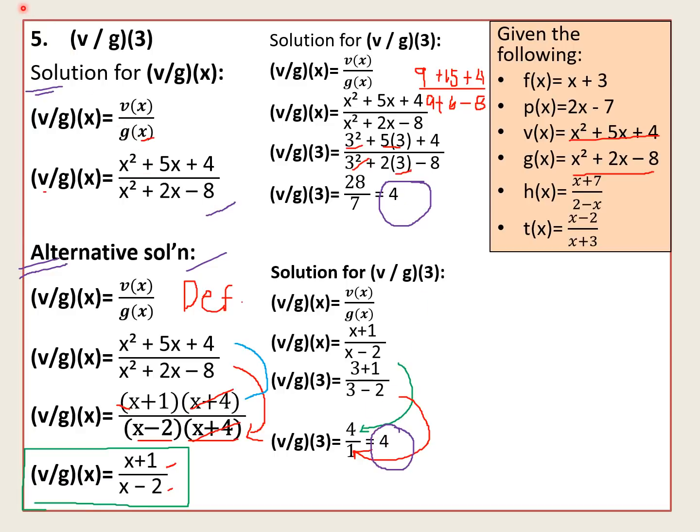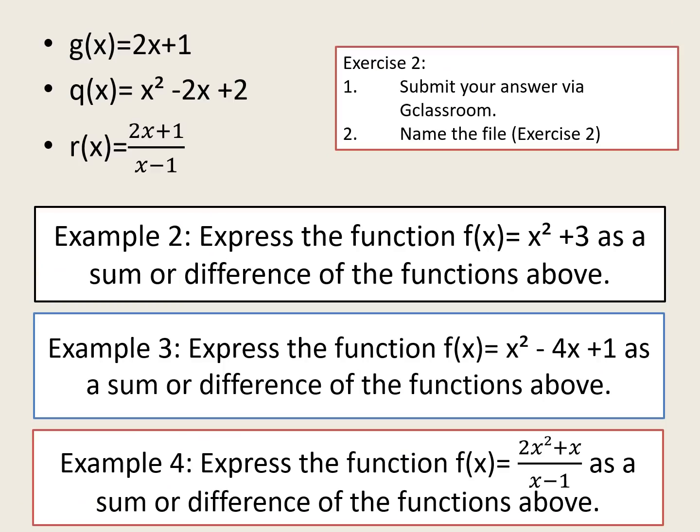Got it? Okay, this would be our last example. Here we have exercise number 2, and you're going to do this. You're going to show your complete solution and pass it via G Classroom, and name the file as exercise 2. How are you going to answer this? We have example 2, example 3, and example 4.